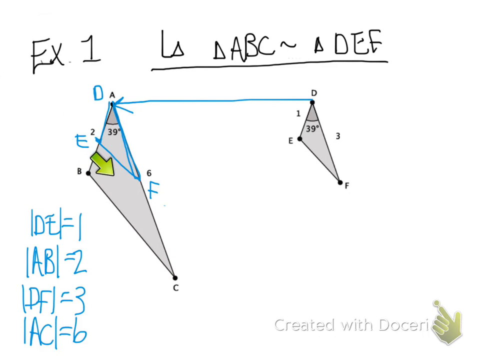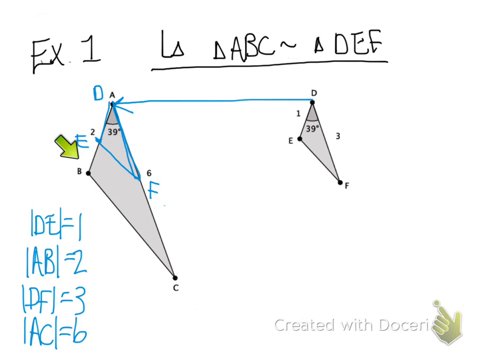If we knew these two lines were parallel, the only way they could be parallel is if E and F were the dilated points of B and C. So E would have to be the dilation of B, and F would have to be the dilation of C by some common scale factor.